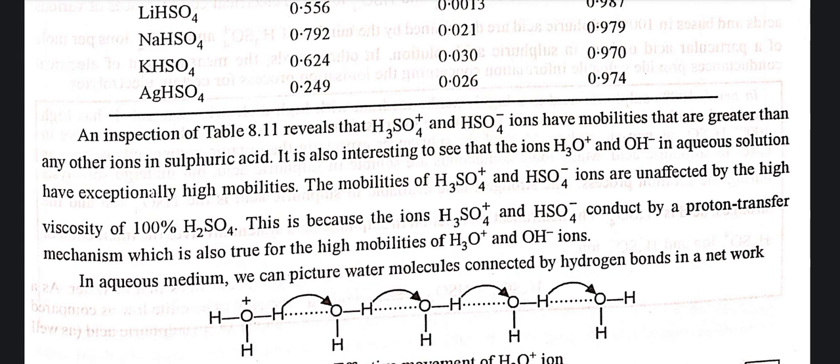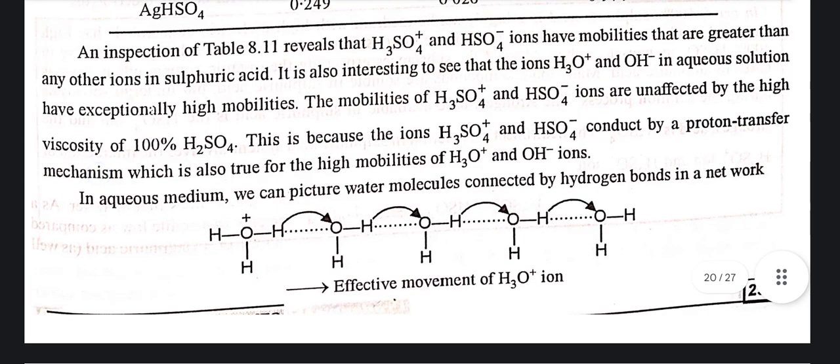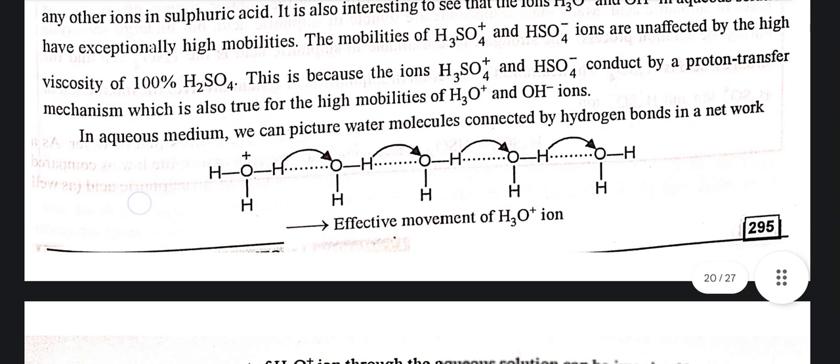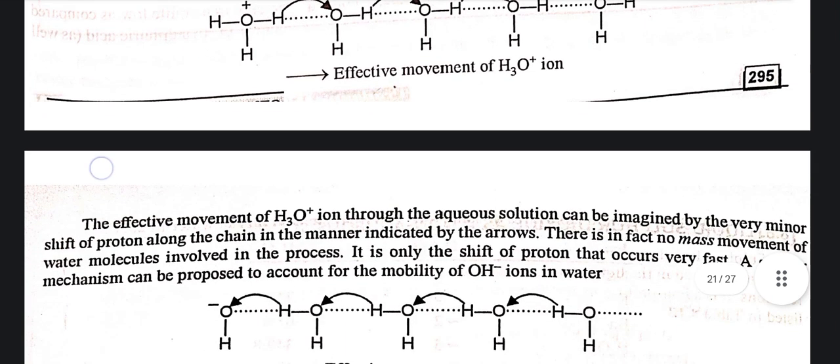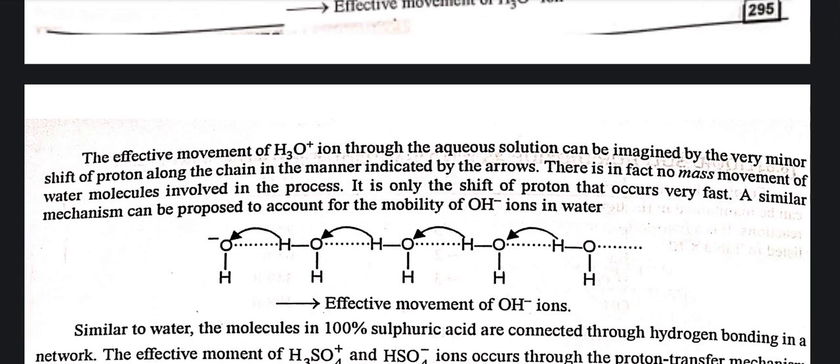In aqueous medium, we can picture water molecules connected by hydrogen bonds in a network. The effective movement of the H3O+ ion through the aqueous solution can be imagined by the very minor shift of a proton along the chain in the manner indicated by the arrows.